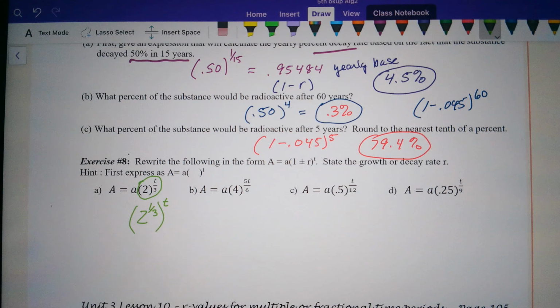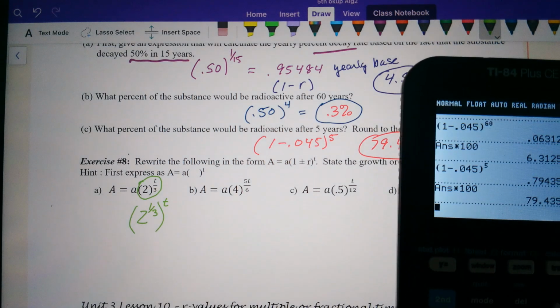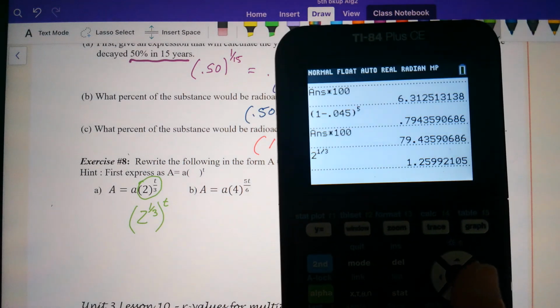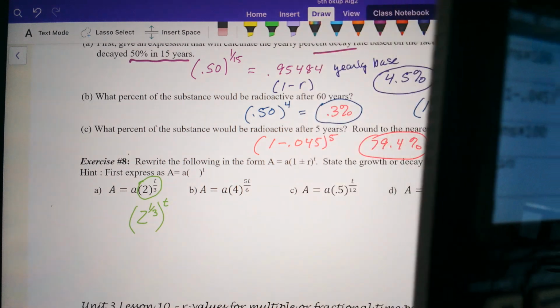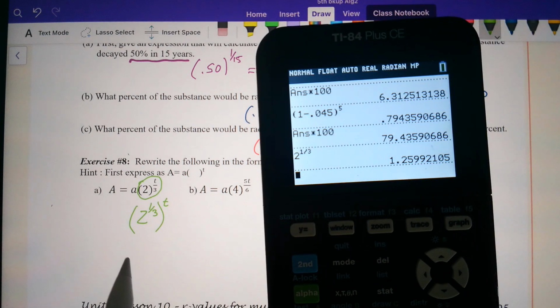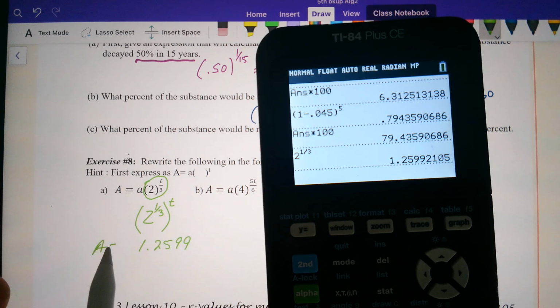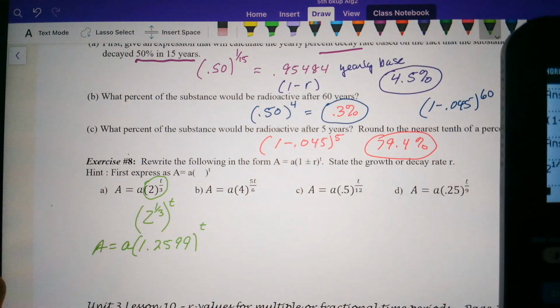Well, what is 2 to the 1/3? It's this decimal, 1.2599. So A equals lowercase a times 1.2599 raised to the power of t.